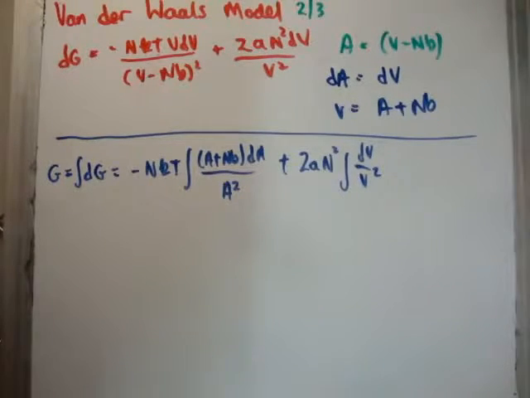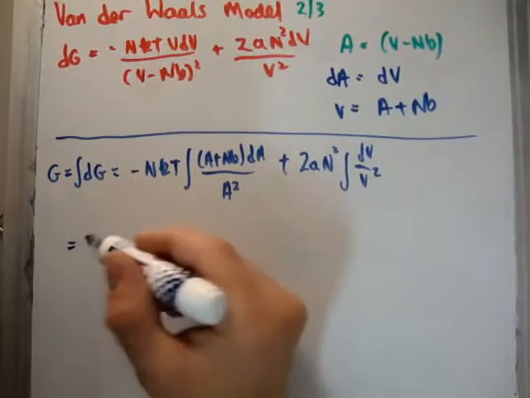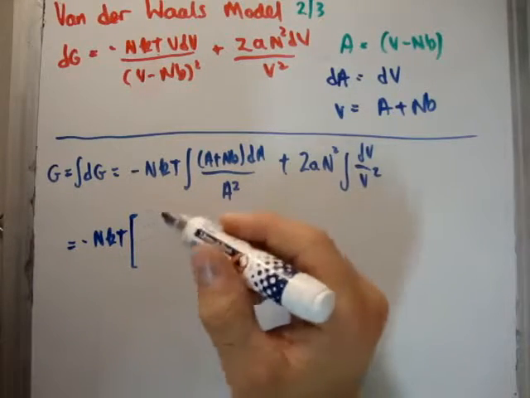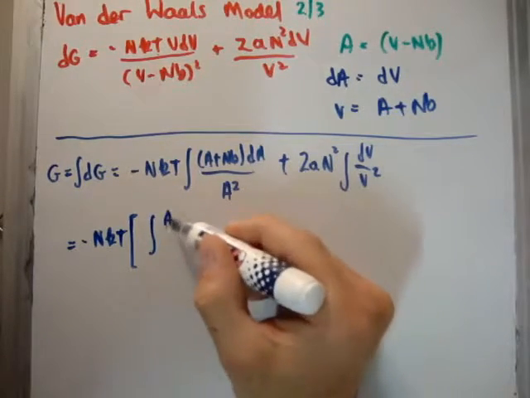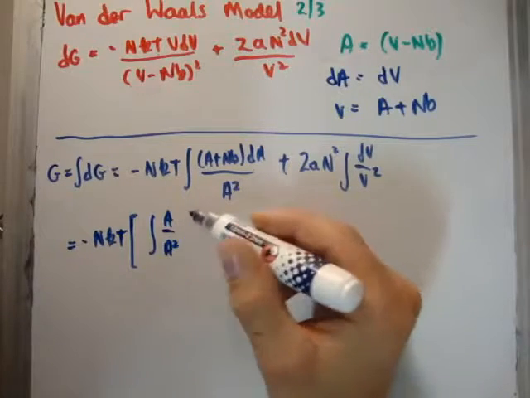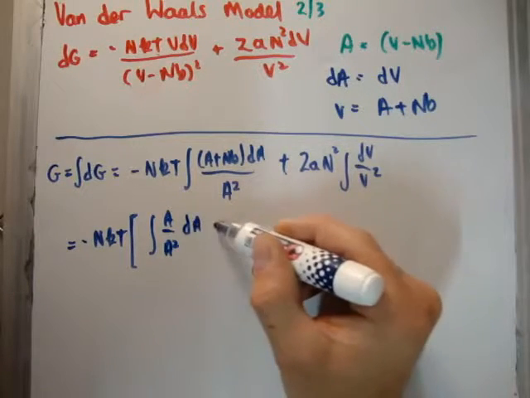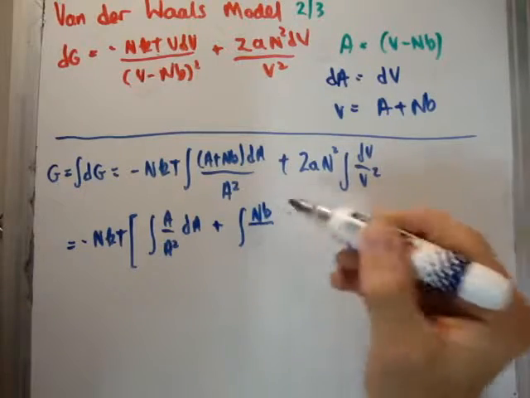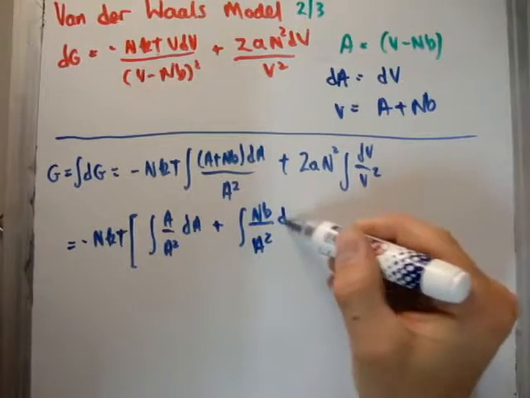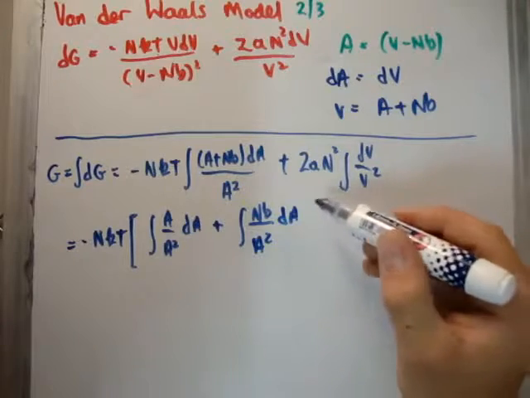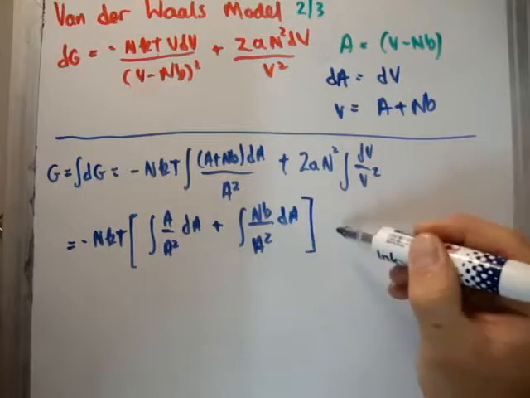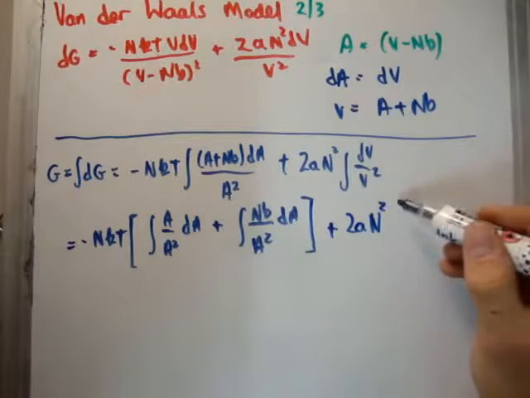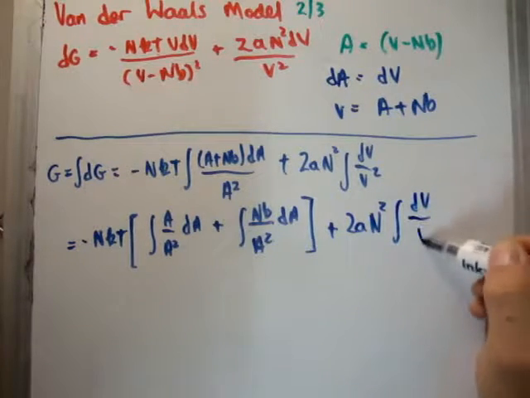Alright, or we can rewrite that as minus nkT times the integral of A over A squared dA, plus the integral of nB over A squared dA, and we can close this off like that, and we also have plus 2a n squared, the integral of dV over V squared.